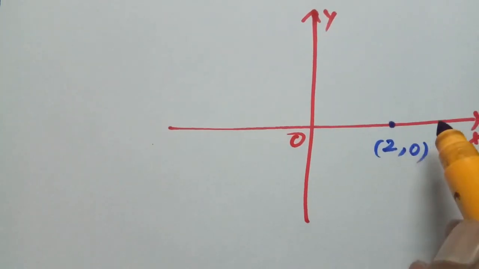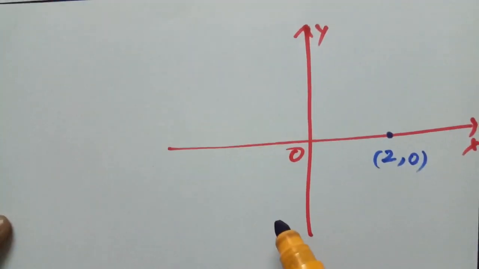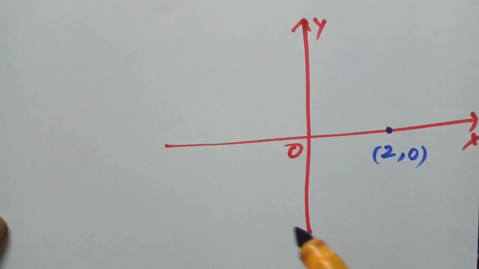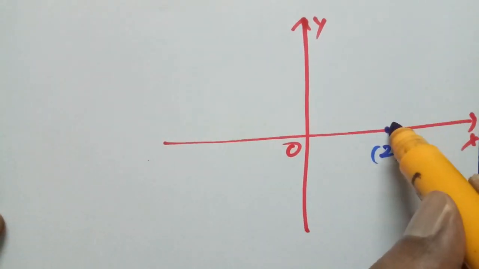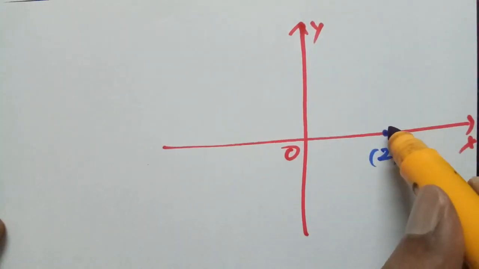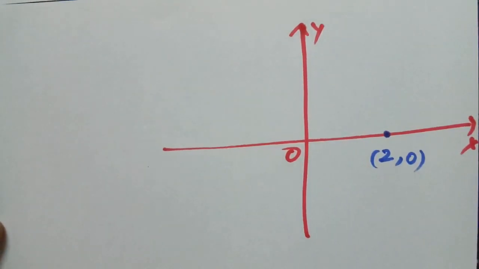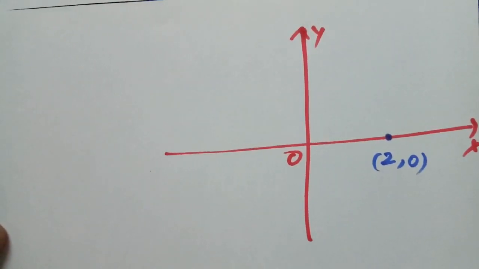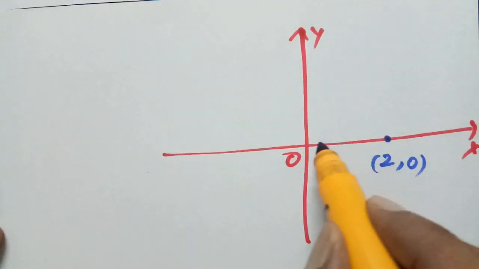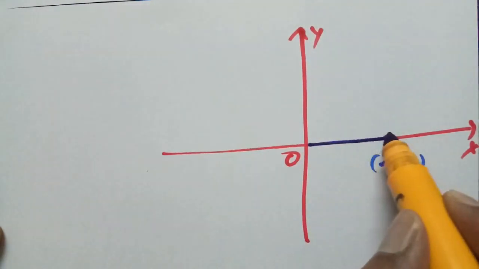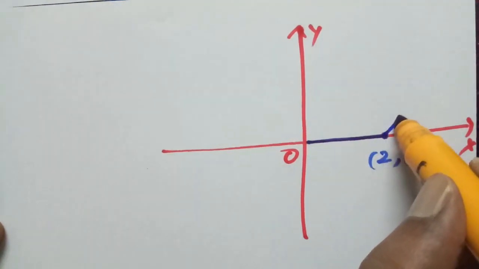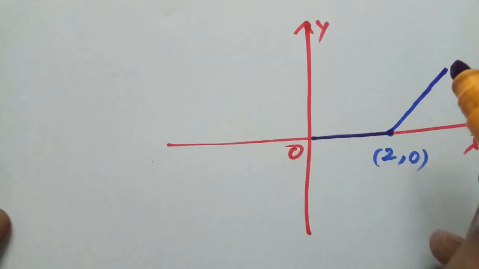This is A. And then B, 3, 2. Go to A and then B.